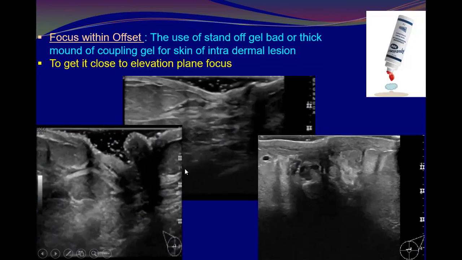To visualize this superficial area very well, look for the large amount of gel here, to get it closer to the elevation plane focus of the transducer. And here also, look for the abundant amount of gel. To see this skin irregularity, without putting gel it will not be visualized, because the transducer will abut the skin. You cannot see it well.